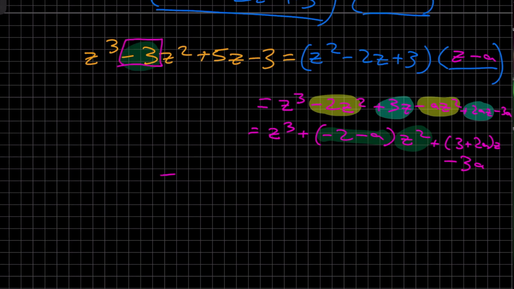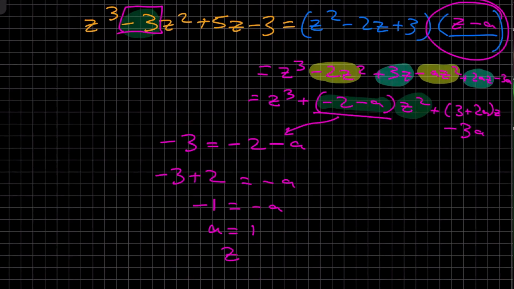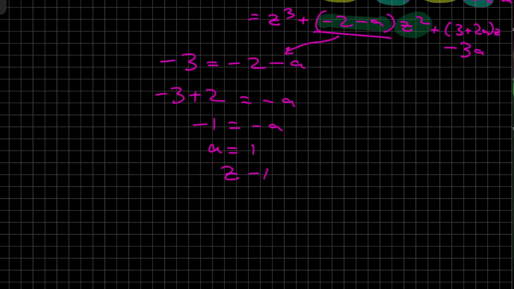So this would mean that −3 = −2 − a. Rearranging for a, we would get −3 + 2 = −a. This would give us −1 = −a, so a would equal 1, meaning that our factor over here would be z − 1. And this would also mean that our remaining solution would be z = 1.